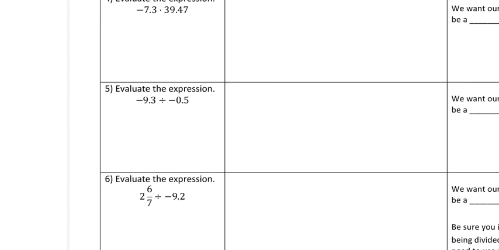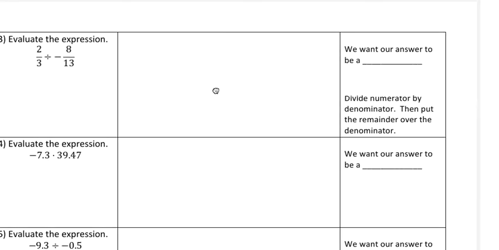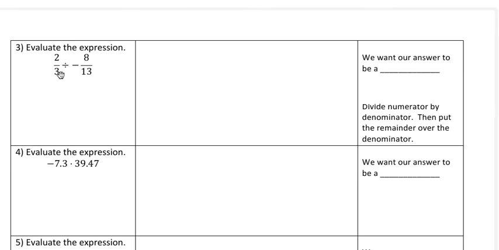Okay, next page. We have 4 more problems, which seems like a lot, but we're going to be using our calculator, so let's go real quick. Okay, so again, I have 2/3 divided by -8/13, and we want our answer to be a fraction because we have only fractions.